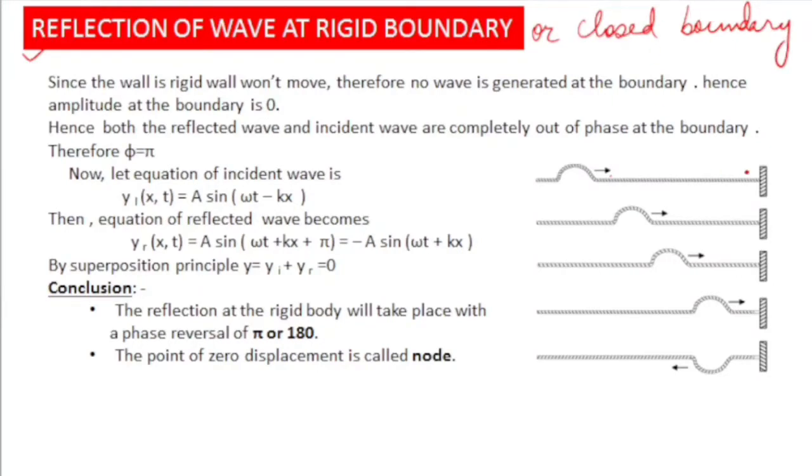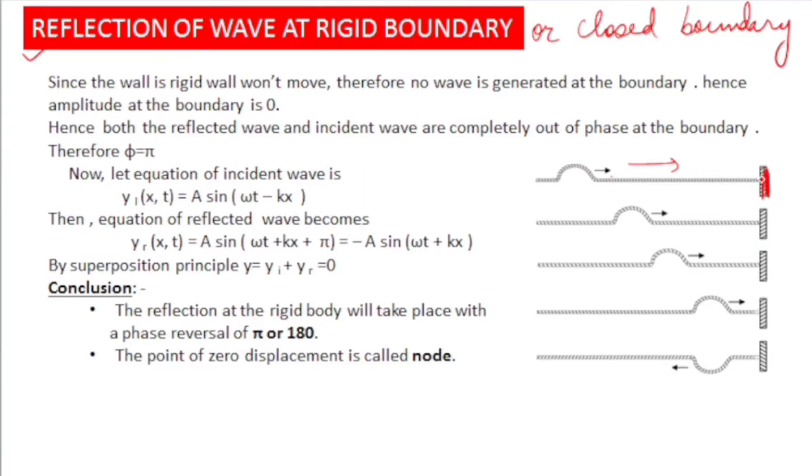So how does reflection take place at a rigid or closed boundary? Suppose this is a string fixed at one end. This is a rigid or fixed boundary. Now suppose this is an incident wave moving in this direction. When it hits this wall, it exerts a force on the wall.